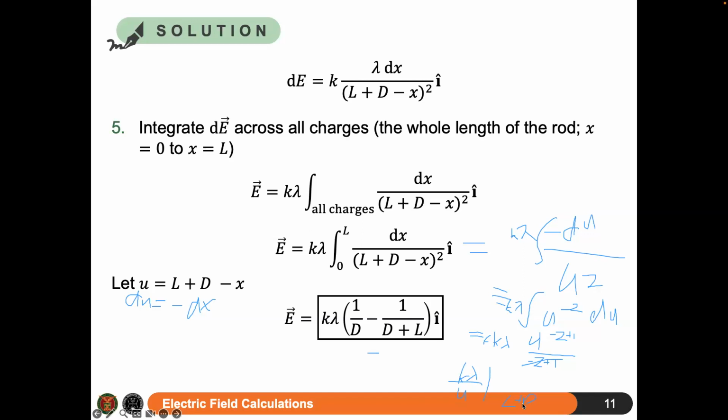If x equals L, then we have L minus L is 0, only d comes out on top. So k lambda over u evaluated from d to L plus d. So you have k lambda, 1 over d, minus 1 over d plus L. And that's why we get this. Okay?